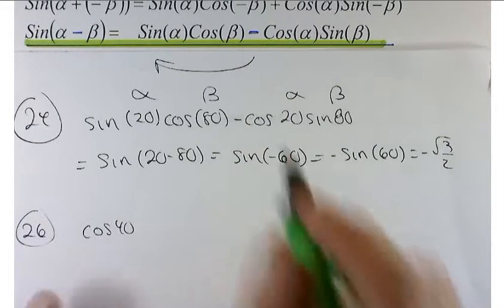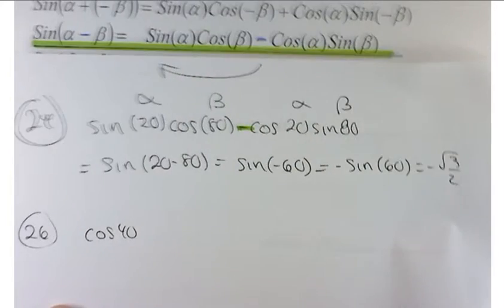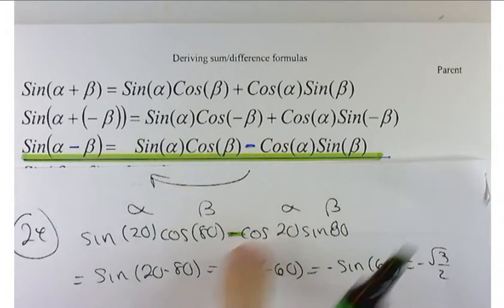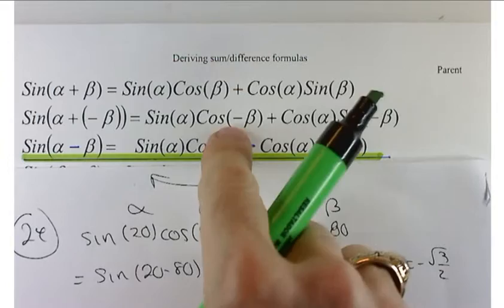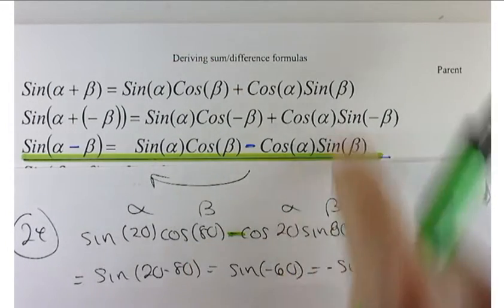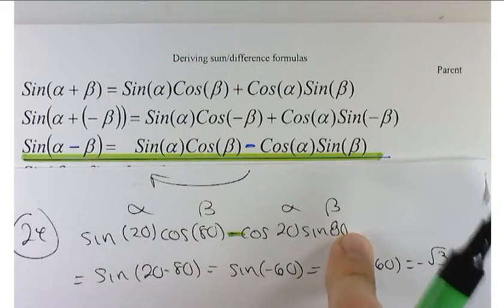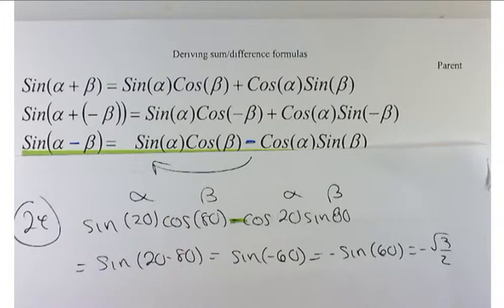I mean, we had a minus here, sine of something, cosine of something, cosine of something. It all lined up pretty nice, right? So, for instance, problem 26 gives you the cosine of 40 times the cosine of 10 plus a sine of 40 times a sine of 10.